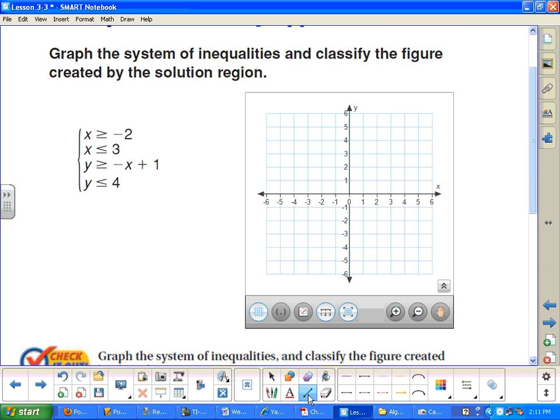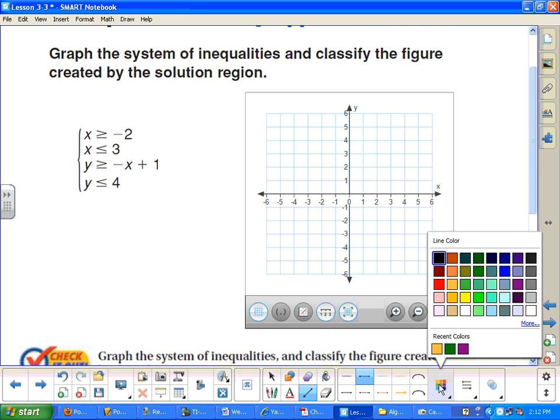All right, so what's nice about all 4 of these? Pretty simple. They're all solid lines. So x is greater than or equal to negative 2.